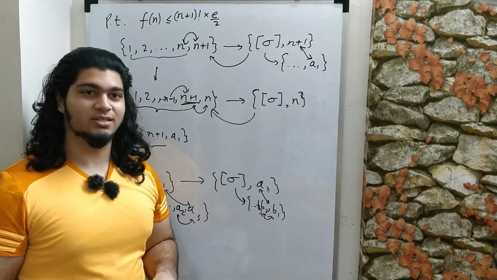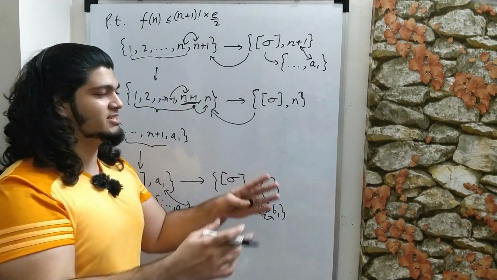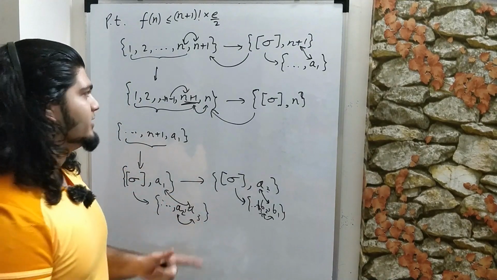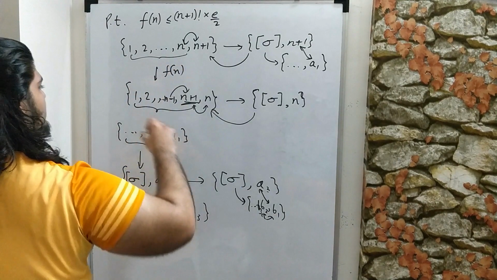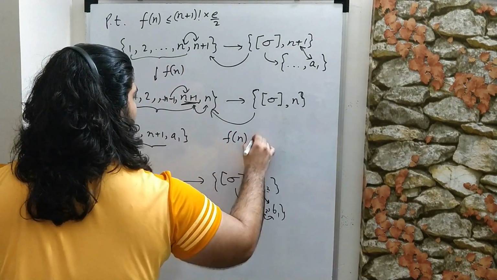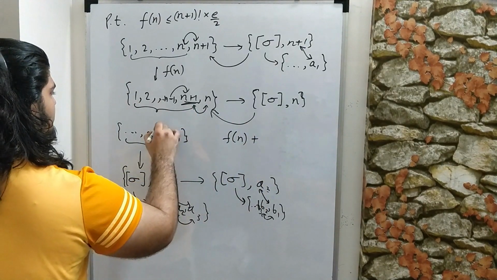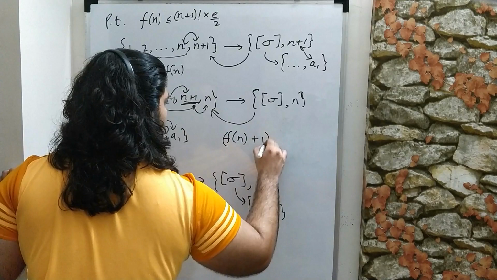The number of switches in the worst case scenario will keep on increasing, and the worst case scenario for the last step is n. So what we are basically doing is we performed f of n switches over here, so f of n, and then plus we performed one more switch which was n plus 1 and a1, so plus 1.